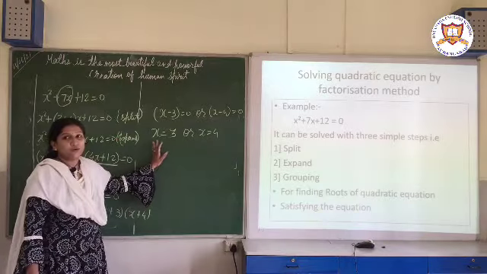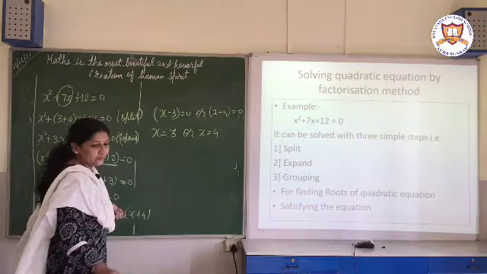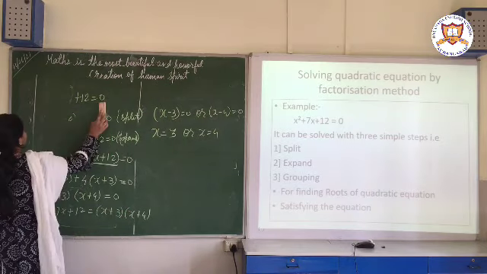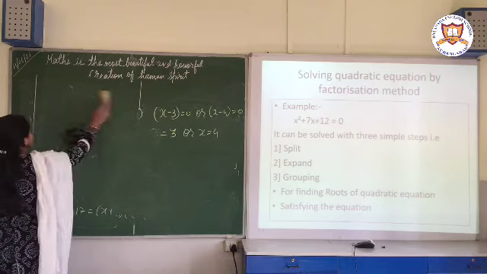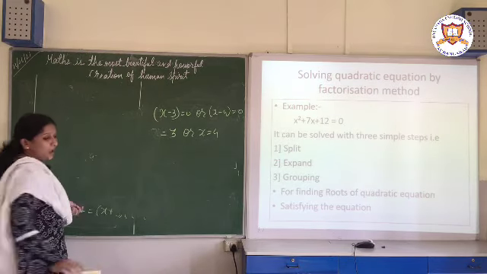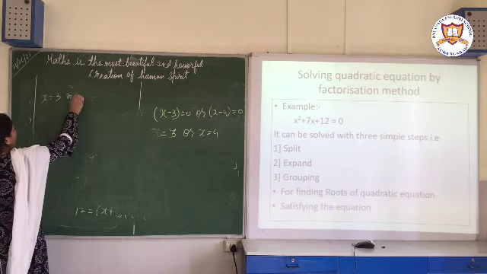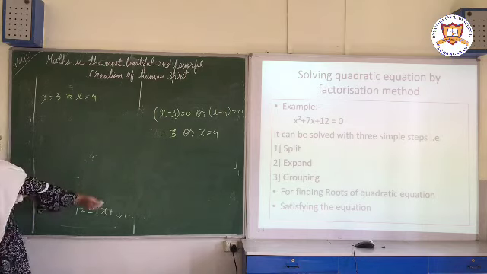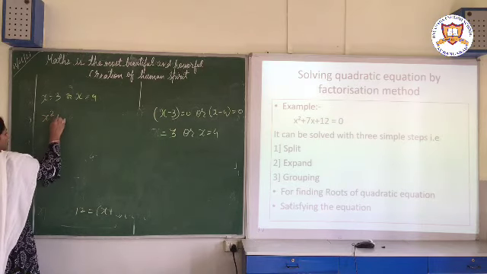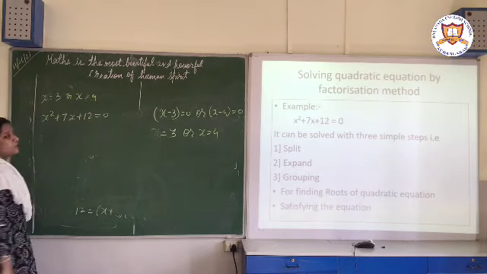Now, let us see how to satisfy the equation. As you have got the value of x as minus 3 or minus 4, how do we satisfy this equation? Our equation was x square plus 7x plus 12 is equal to 0.